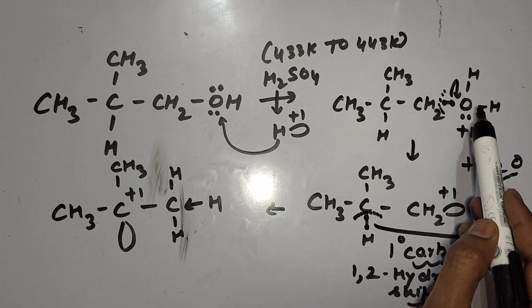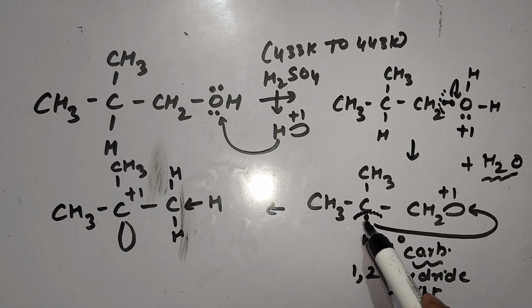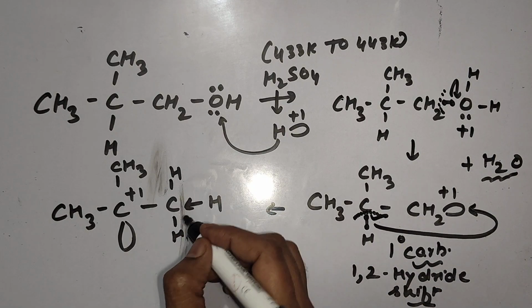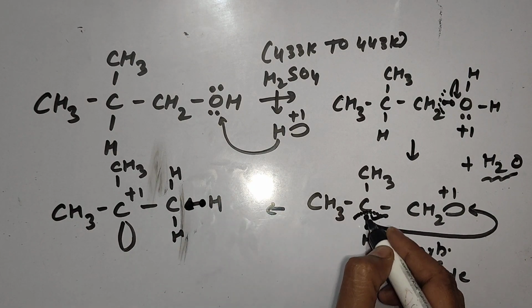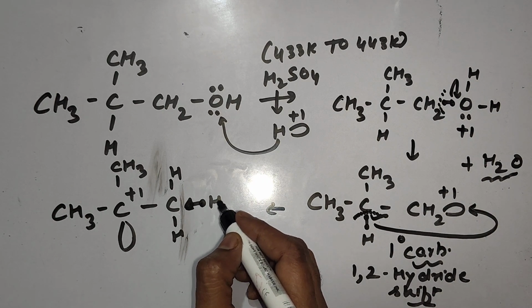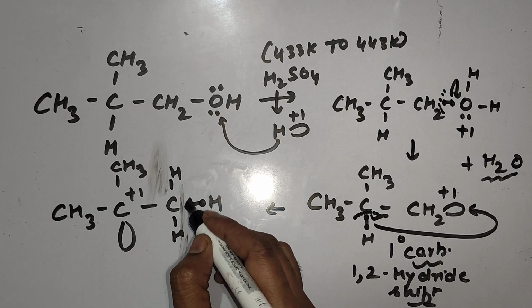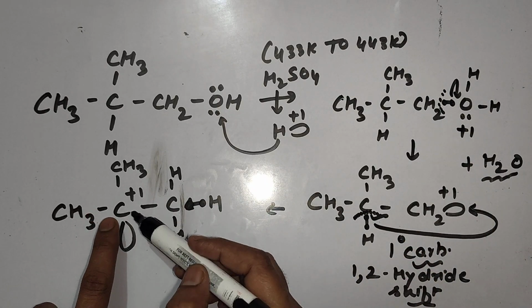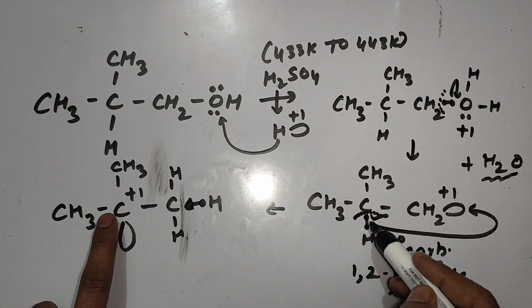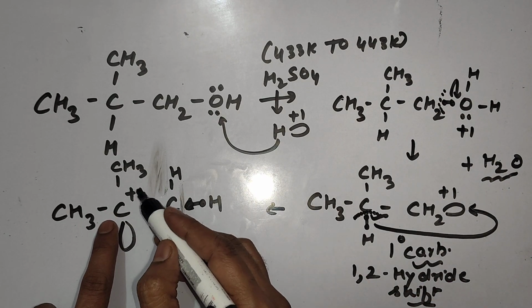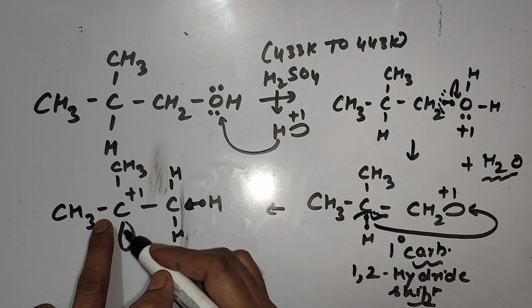Oxygen had lost its electron, but now it is getting that electron back. This electron will come here. Out of these two electrons, one electron will be completely toward carbon, one electron will be completely toward hydrogen. So this carbon is getting electrons, so its positive charge will finish, it will become neutral. But a problem will be generated for this carbon because it has lost its electron. This electron was of this carbon, so when it loses its electron, a positive charge will generate on it and a vacant orbital will generate on that.